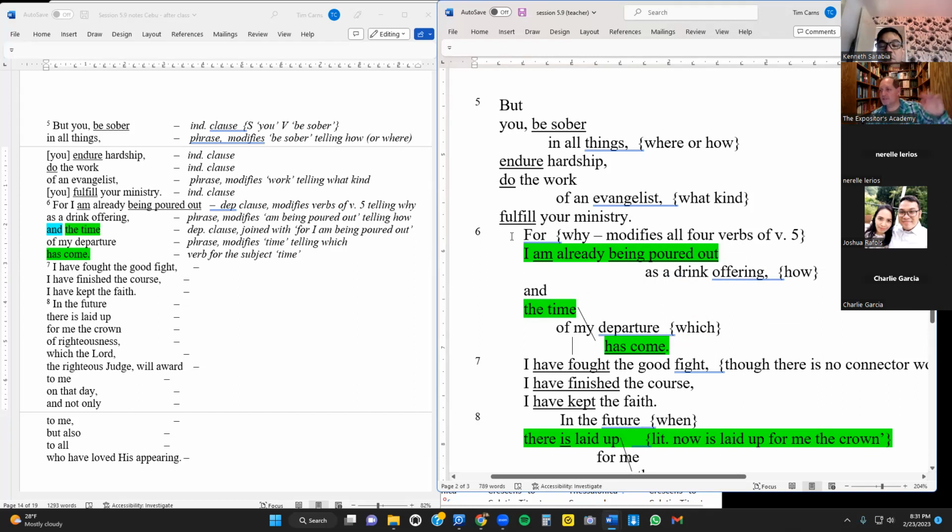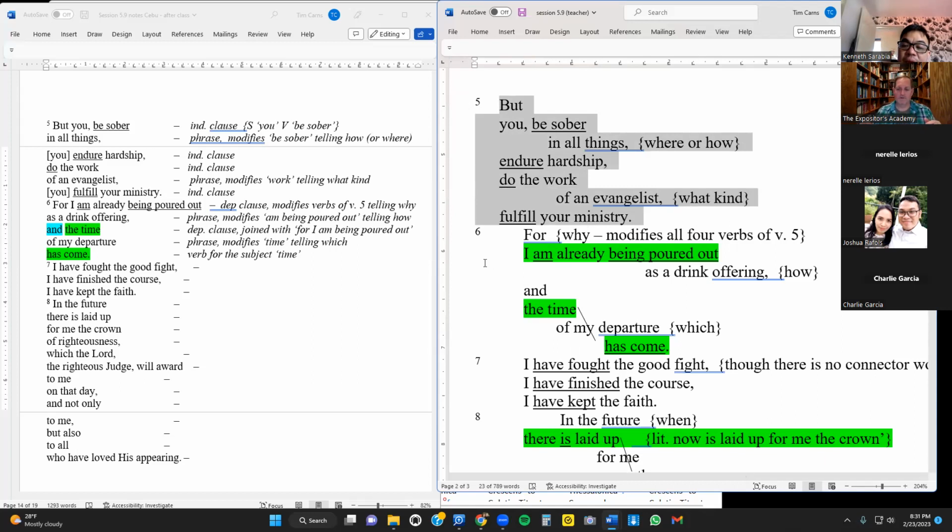So if I'm preaching this text, I'm going to probably combine all 4 commands into one point. Okay. You know, the exegetical idea would be something like Paul's final instruction to Timothy. And then it would have four instructions, right?